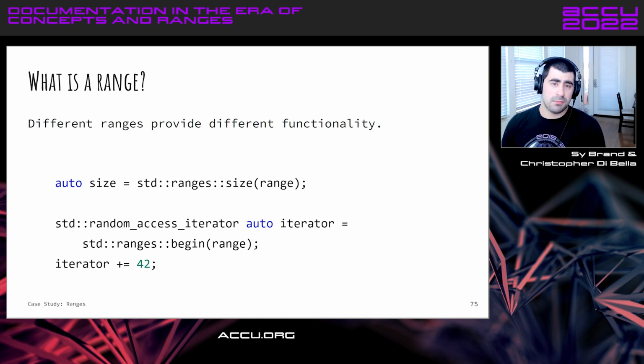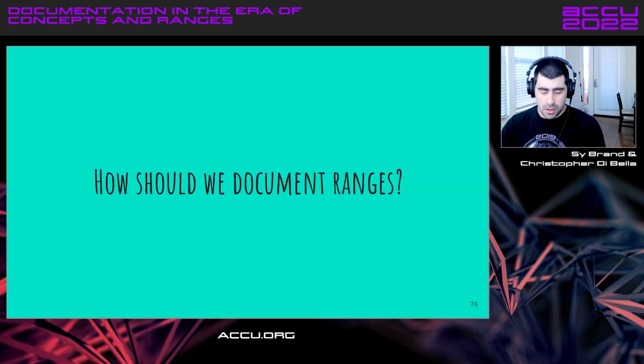So, how should we think about documenting ranges? CPP reference is one of the world's biggest places of documentation for C++. And in 2020, I was teaching a course that involved ranges. And I realized that the documentation for ranges was pretty sparse at that point. And so I quickly went to CPP reference, because it's a wiki, and added the documentation for the algorithms.